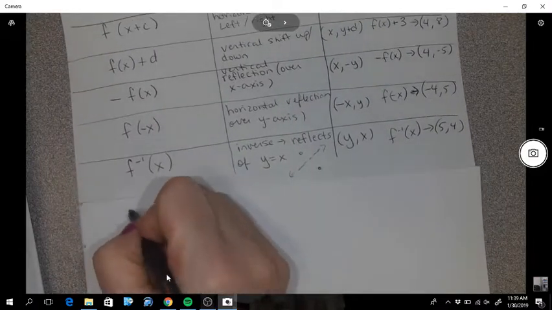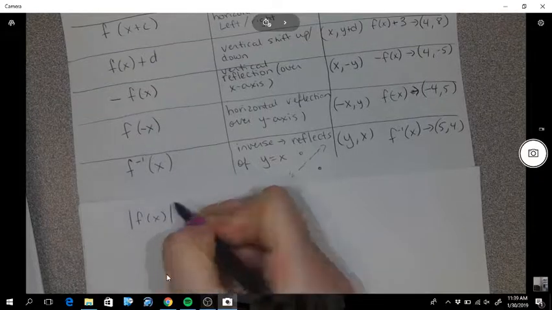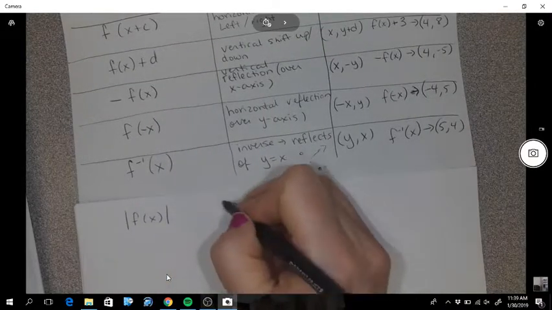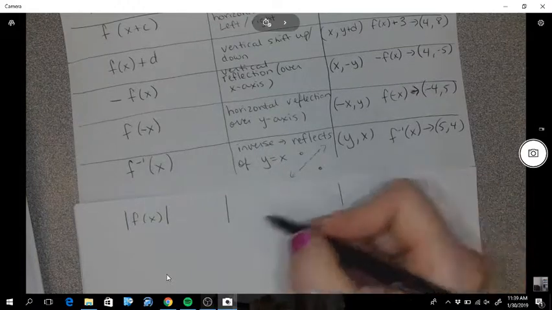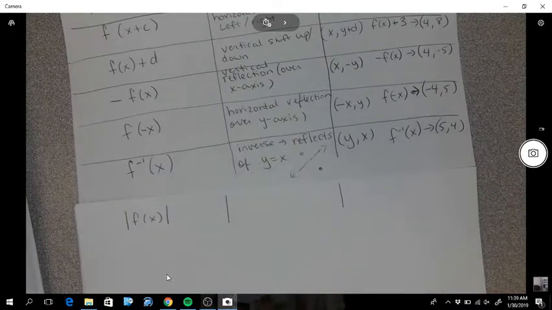Okay, and what if we have the absolute value of f of x? So when we have absolute value, if you take the absolute value of a positive number, it stays positive. And if you have an absolute of a negative number, then those change to positive.